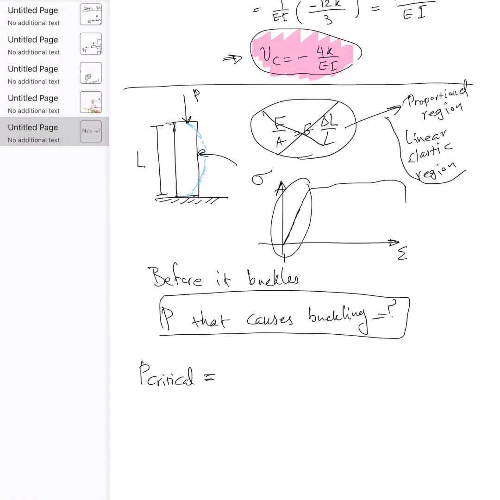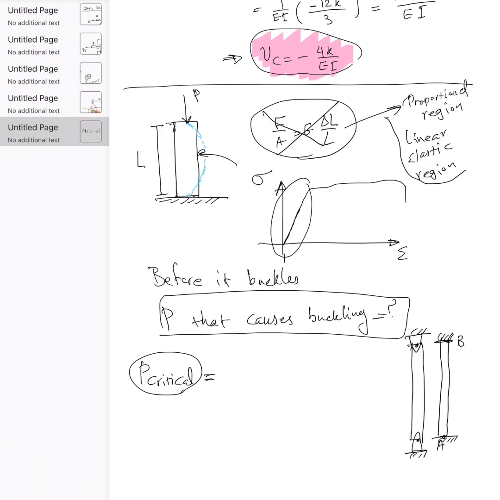So let's say this beam is fixed to this point A with some support, is either fixed like that or pinned. Either fixed or pinned like that. And also it's either fixed to point B on the top or pinned. So for each one of these different boundary conditions, we have a different P critical.